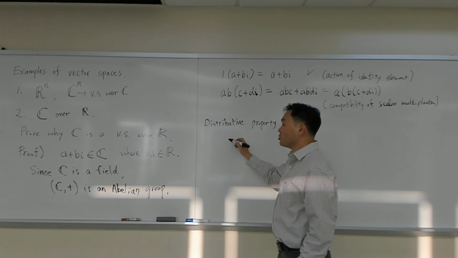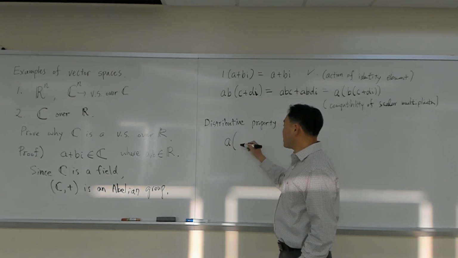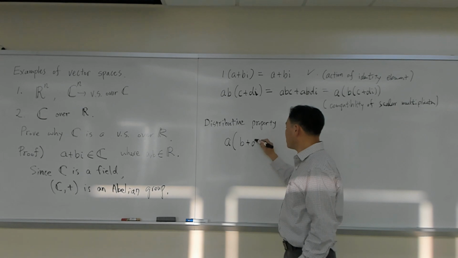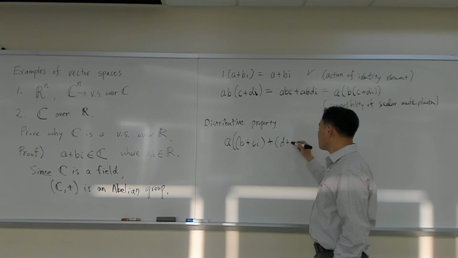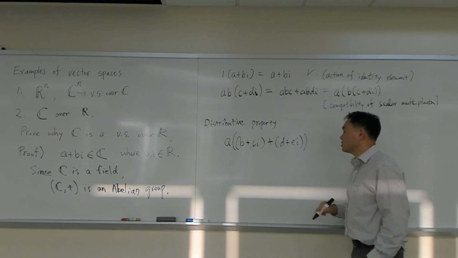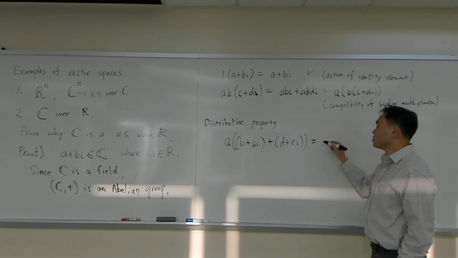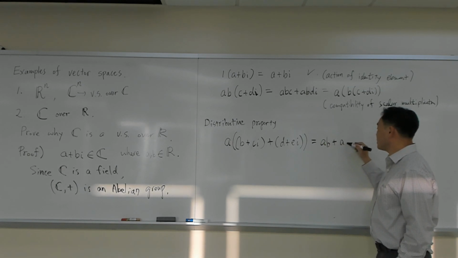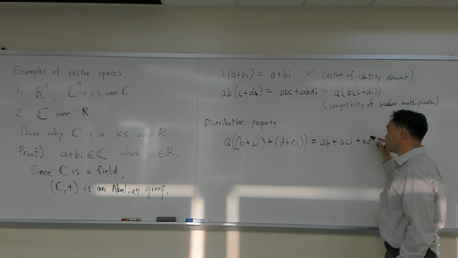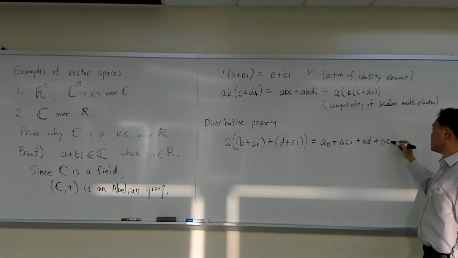And then lastly, the distributive property. It would be that you have some real number times the sum of two complex numbers. So you have one complex number plus another complex number. And that's equal to ab + aci + ad + aei.